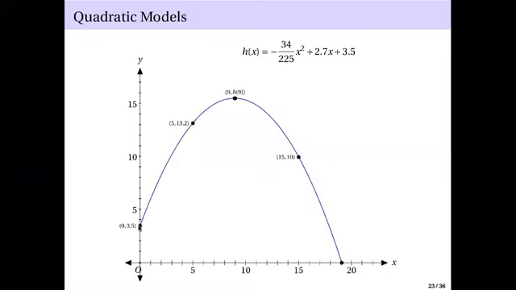So you have here 0, 3.5. In here you have 5, 13.2. In here you have 9, h of 9. I wrote it before. And in here you have your 15, 10.